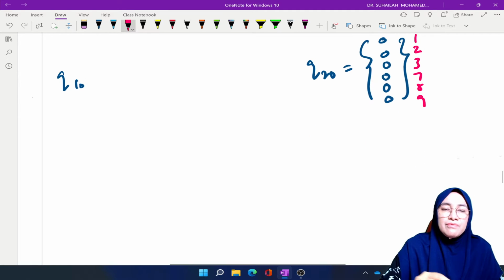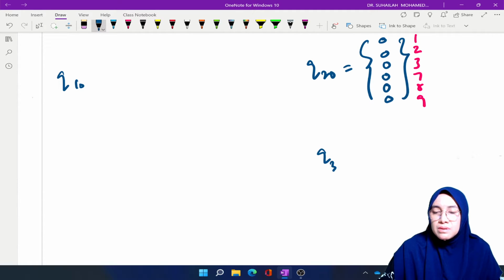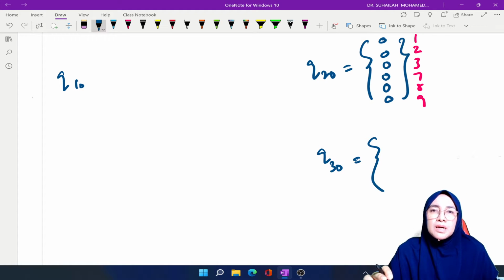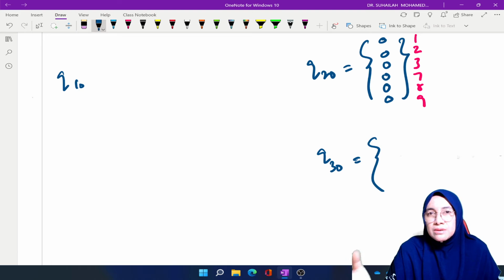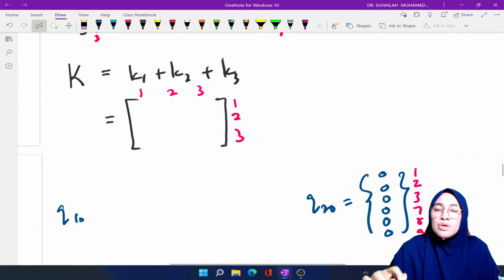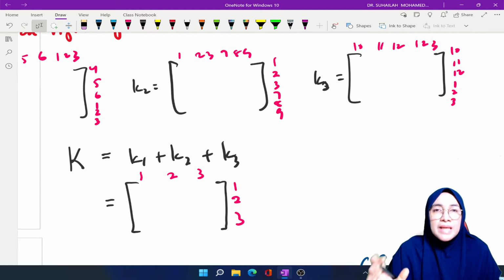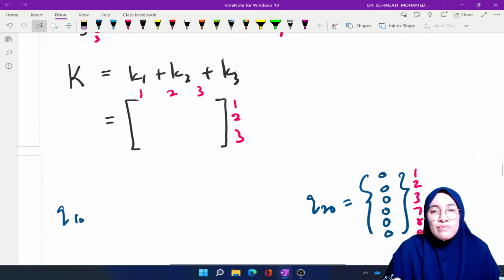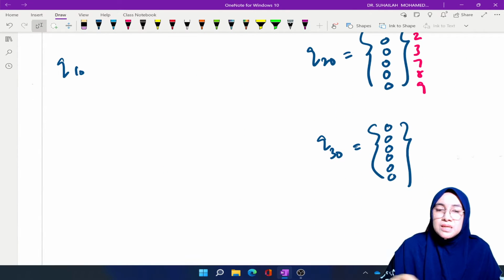And then we have Q3 naught. There's no value because there's no loading subjected on the member. It is 0, 0, 0, 0, 0, 0, and the label will equal to K3, which is 10, 11, 12, 1, 2, 3.